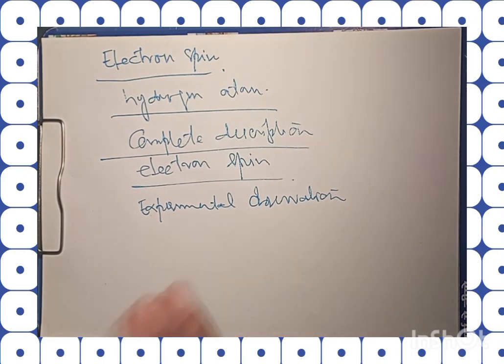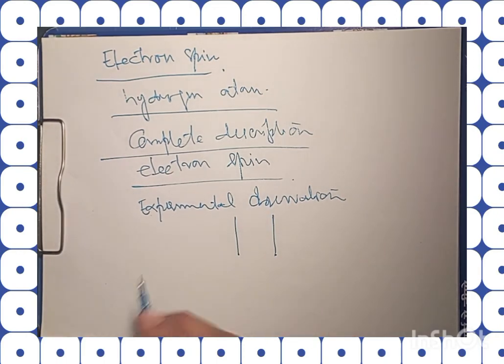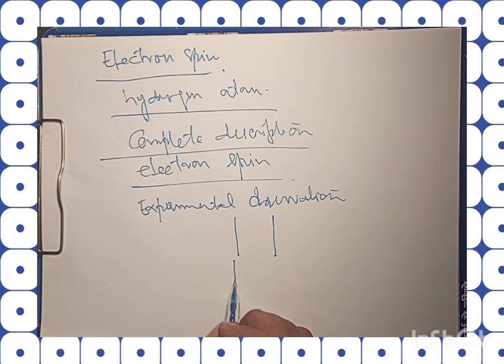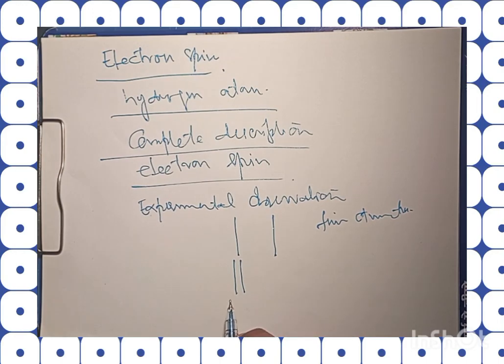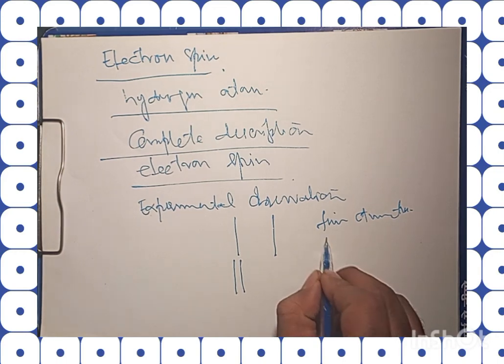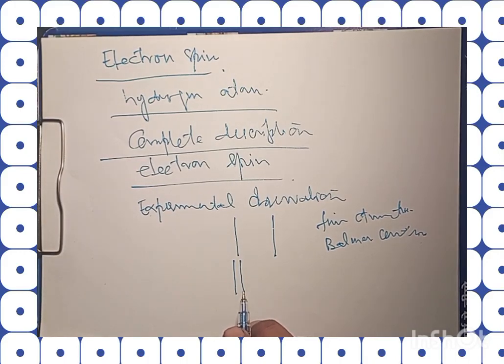One is the fact that many spectral lines, what we see as a single spectral line, consist of two separate lines, and these lines are very close to each other. Take the example of the fine structure that we find experimentally for a line of the Balmer series for the hydrogen atom.